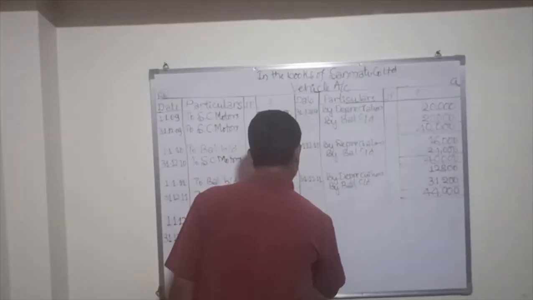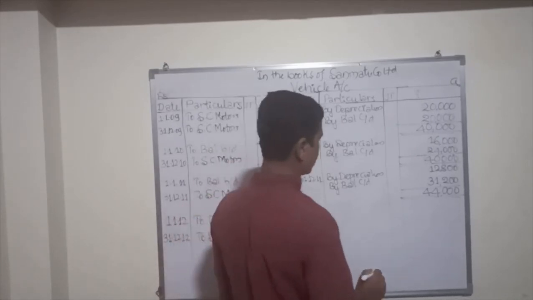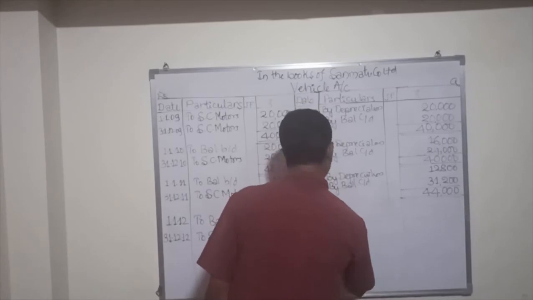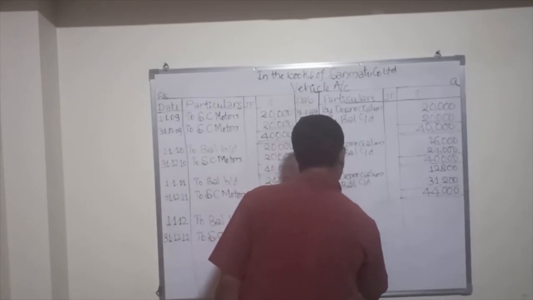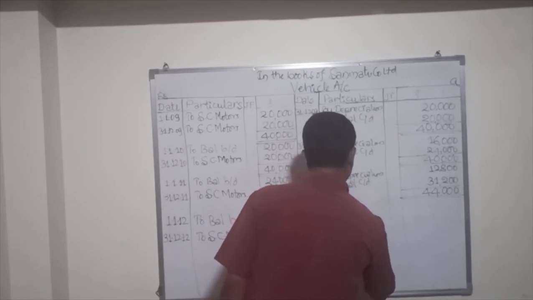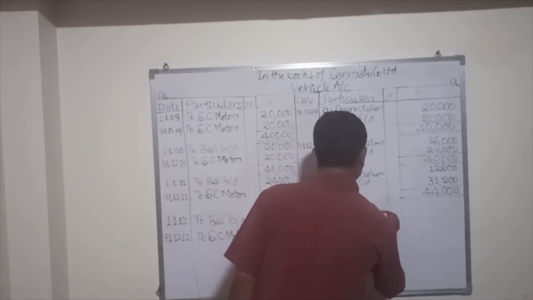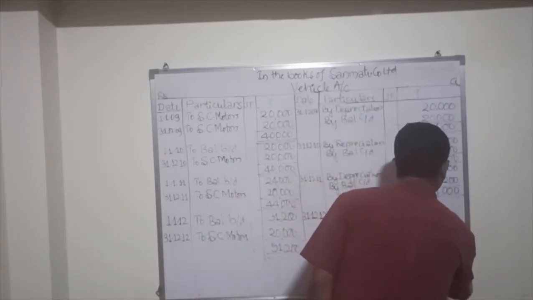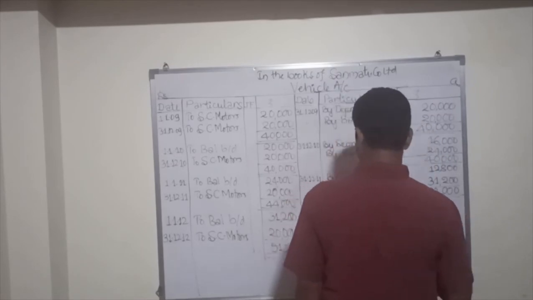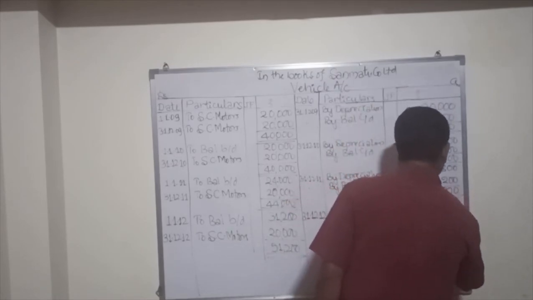On 31st/12/2012, when the depreciation is allowed, the entry will be depreciation account debit to vehicle account. So vehicle account is credited by depreciation. It will be 10,240.